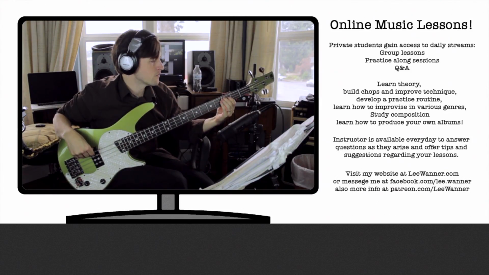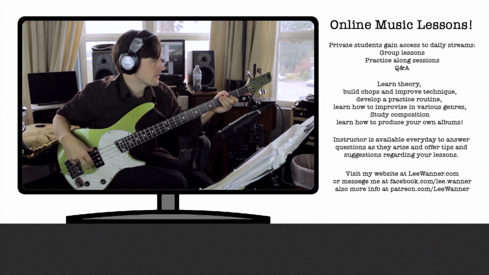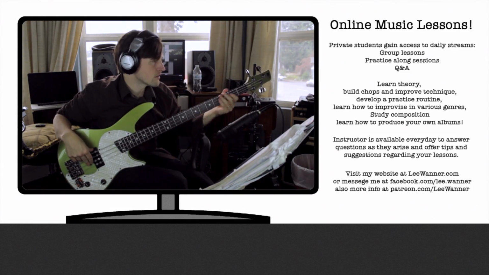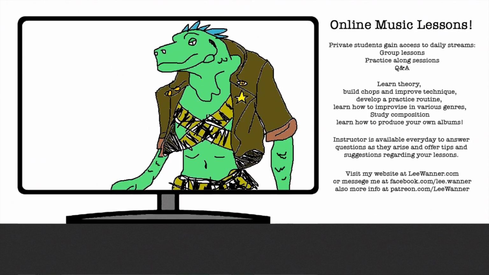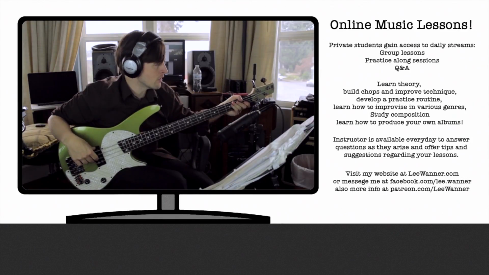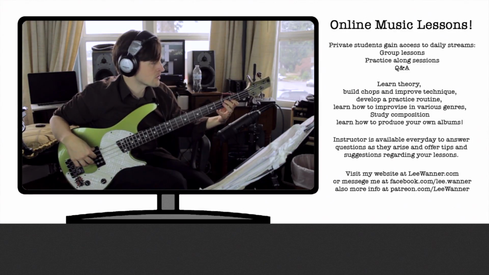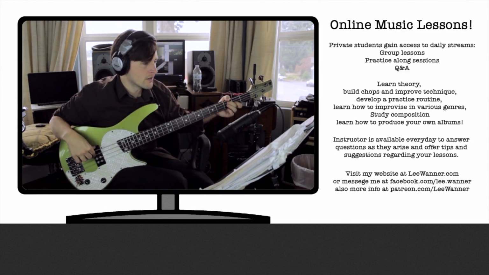Here's the root, here's the third, and the 5th of our triad. And here would be our sharp 9. Sharp 9 is exactly the same as a flat third. Now this note is going to sound treacherous over this note. It's going to sound just totally horrible. Here's our chord.